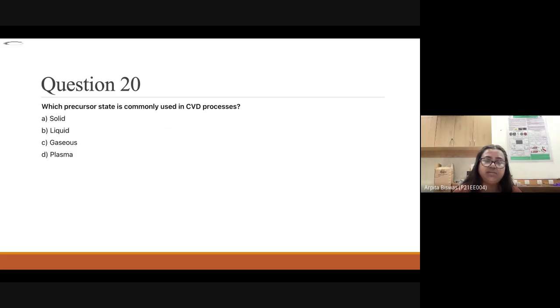Which precursor state is commonly used in the CVD process? Solid, liquid, gaseous, or plasma? Commonly used in CVD.